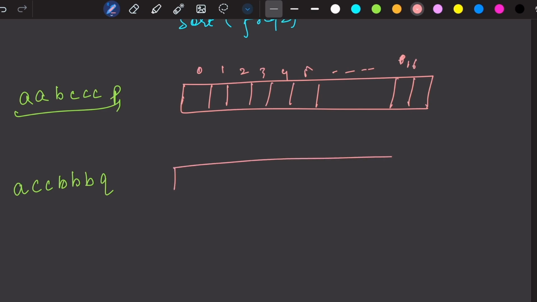And similarly for q, it will be 17. And this is 0, 1, 2, 3, 4, right?